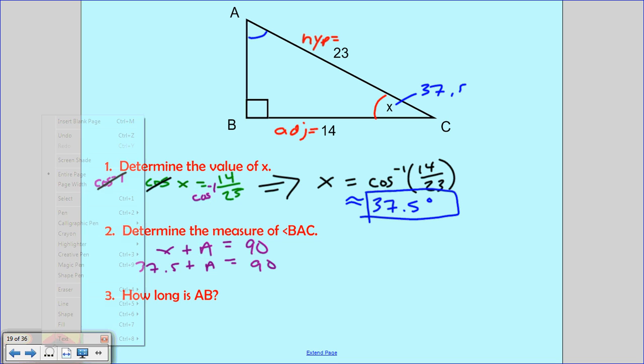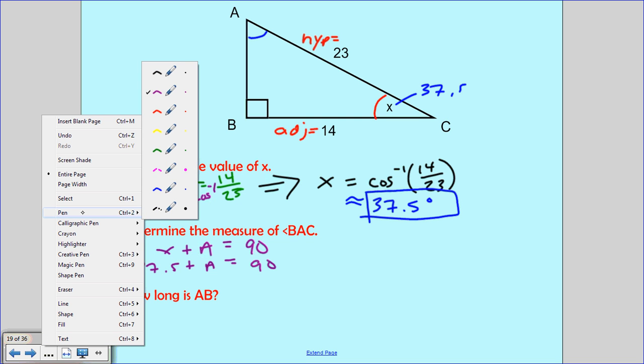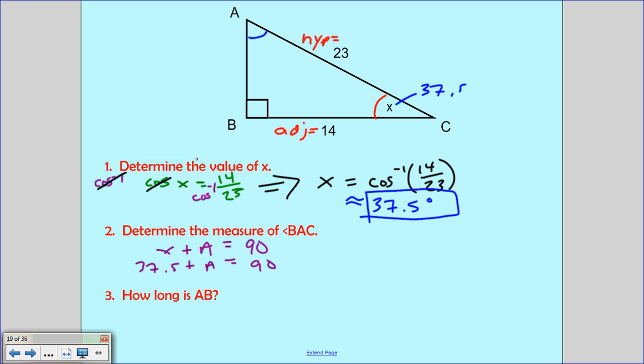So that last angle in our picture is 52.5. So the measure of angle BAC is equal to 52.5 degrees.